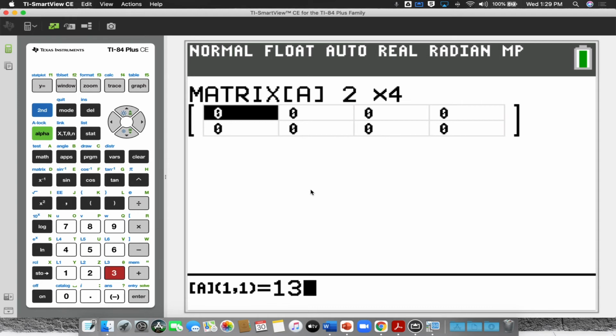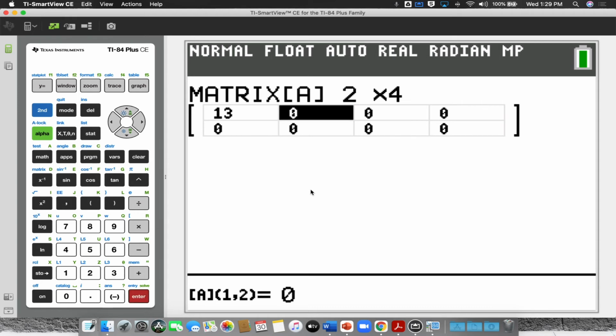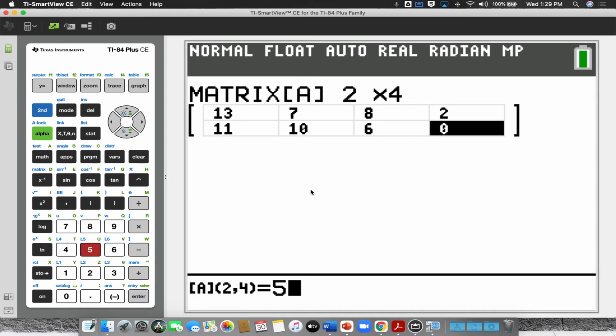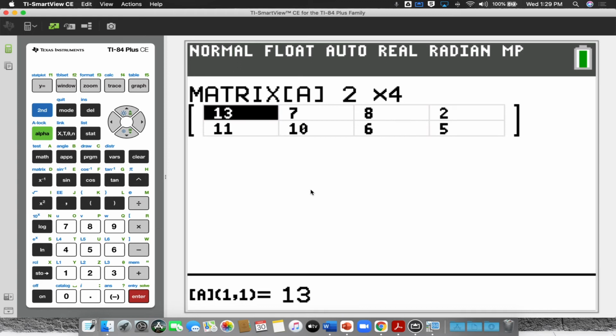So 13, enter, 7, enter, 8 and 2, 11, 10, 6, and 5. Okay, there's our table. The top row is first grade, the bottom row is second grade, and then we have blue, green, red, yellow.